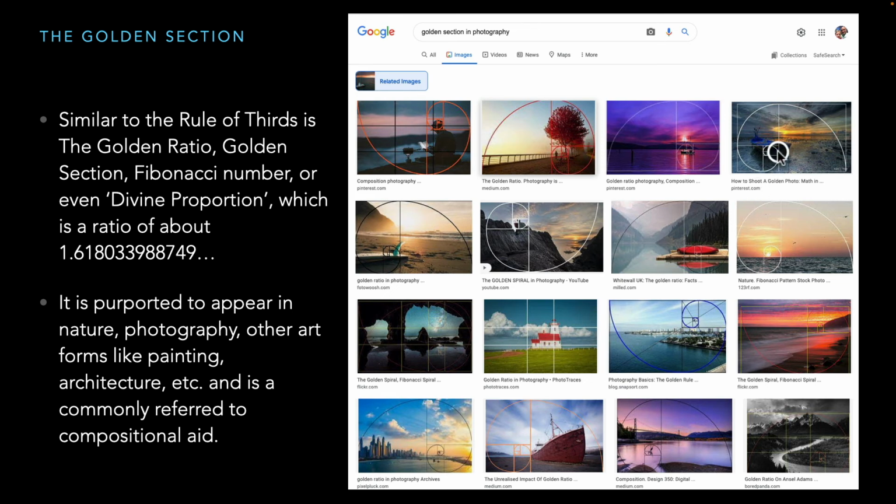And you can see in these examples, most of them just have some sort of focal point at the center of the spiral here, and you can manipulate that however you want. I don't even see how these apply to some of these, maybe, but I guess I'm sort of throwing a little bit of cold water on the golden section in photography. But it definitely is close to, if you look, this is close to a third of the way across, so that's kind of the rule of thirds as well, both of them.